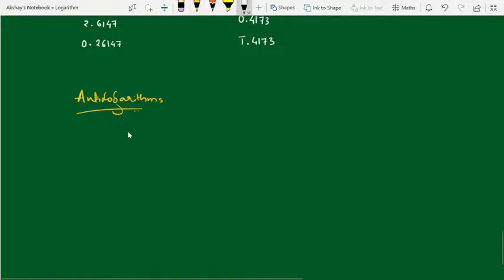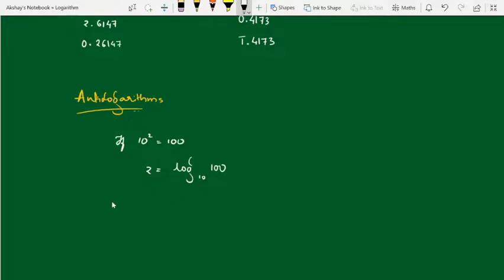Now, I hope some 30 minutes before I had told you, if 10 square is 100, how we used to write it as 2 is equal to log of the answer, and this 10 will stand as the base. So how to read this: 100 is treated as anti-logarithm of 2 for the base 10.